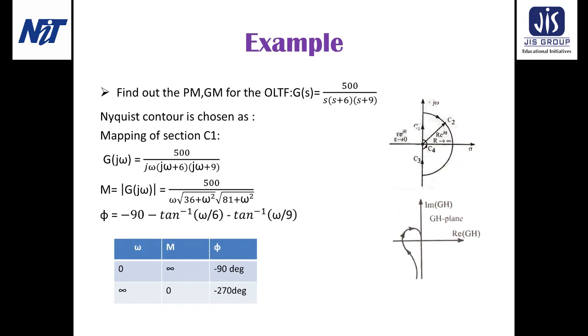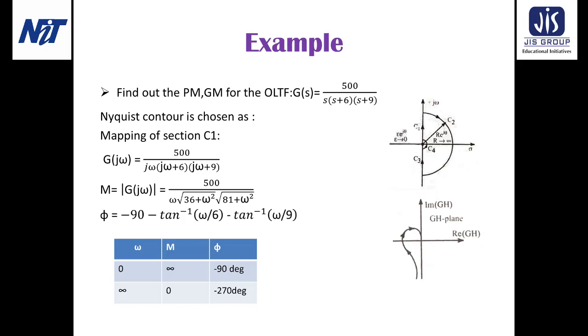Here we can see an open loop transfer function is given, and we have to find out the phase margin and the gain margin for the given open loop transfer function. To find the phase margin and gain margin, here I am using the Nyquist method.